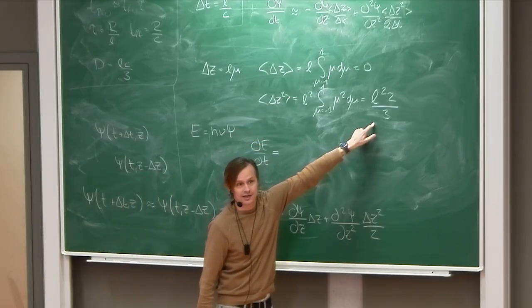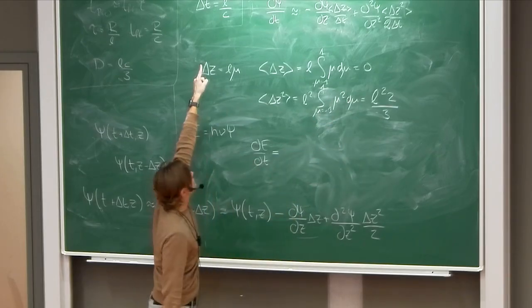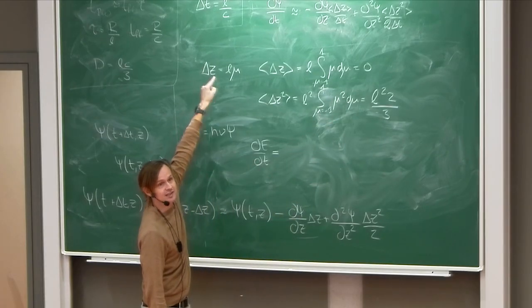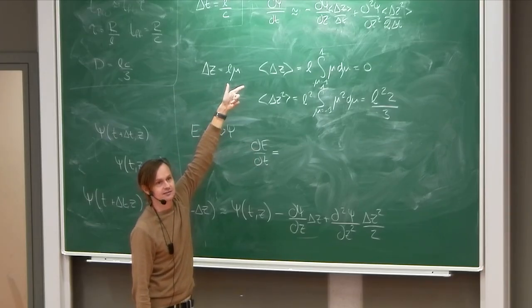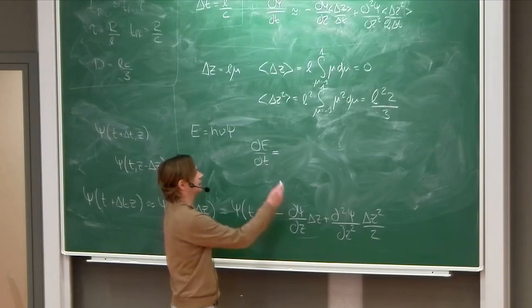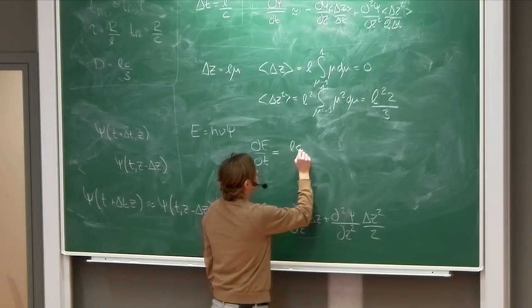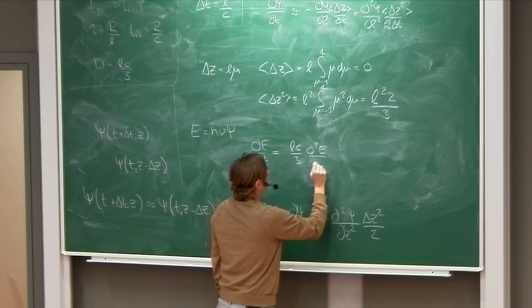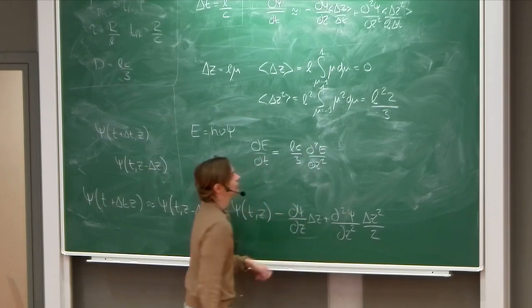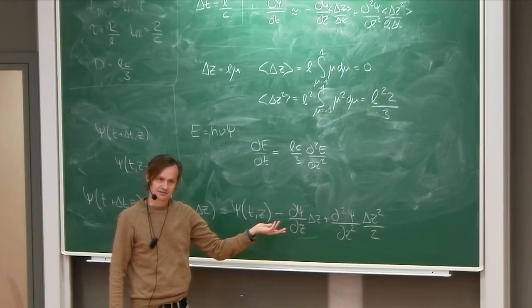We get a third down there, right? But the delta t there is just the photon mean free path, L divided by c, so c comes up. 1 L stays, and we have divided by 3. So this just becomes L c divided by 3, times the second derivative of E with respect to c. And what do we recognize this as? The diffusion coefficient.